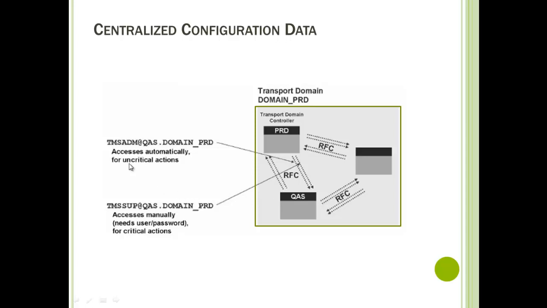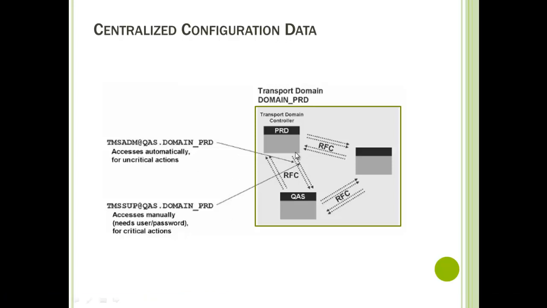If you see here, you have two different RFCs which are created in the system. One is TMSADM@SID.domain.domainname. This is automatically created for uncritical actions. Uncritical actions means transferring the configuration information. Then you have TMSSUP. This is basically an RFC connection which can do much more than transferring the configuration.